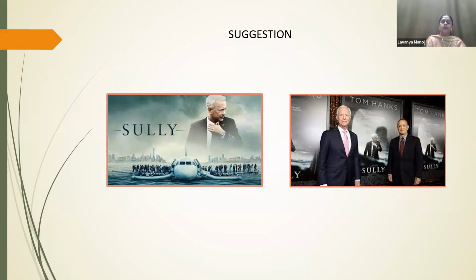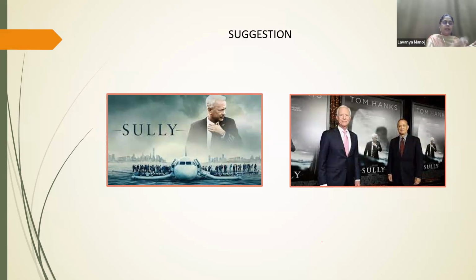To prove to the airport authority people that Sully's decision was wrong, they go with the simulation technique. They go with the simulation process to check whether Sully's decision is right or wrong.